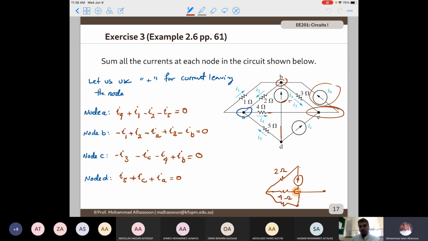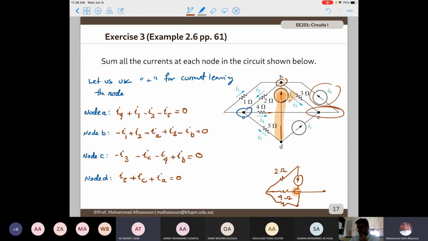Doctor? Ali? Doctor, I didn't get why you plot IA, the current A, in node D. Yeah, IA is connected here. You see that this is IA. IA is the current of the current source.